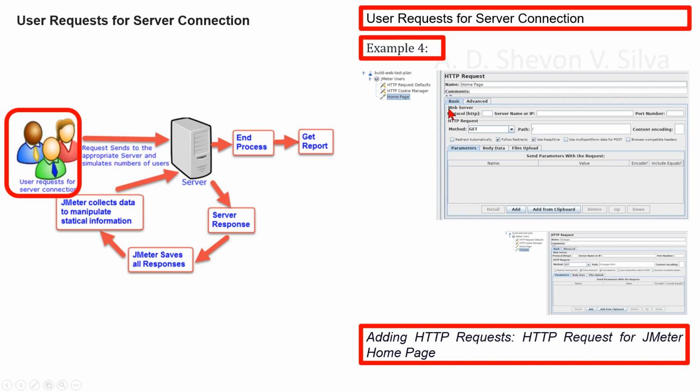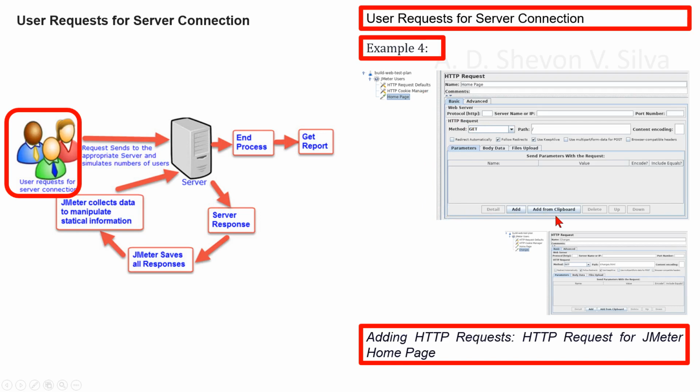Change the name field to homepage. Set the path field to /. Remember that you do not have to set the server name field because you already specified this value in the HTTP request default element.